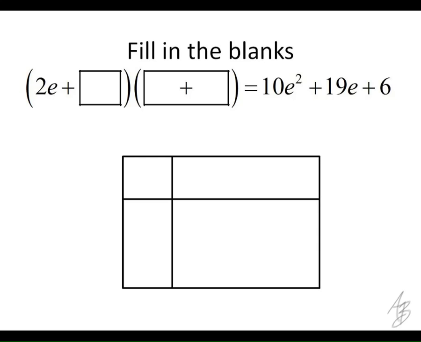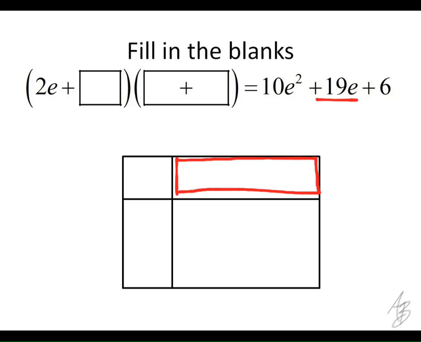If you remember, when we were doing these the other way, when we were distributing, this box here and this box here always combined because they were like terms. So the same thing is going to be true here. Those 2 boxes are going to add up to a total of 19e.